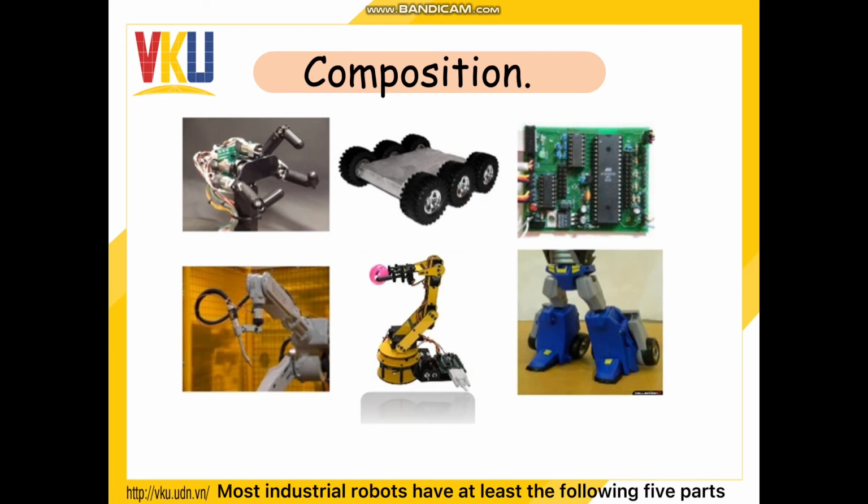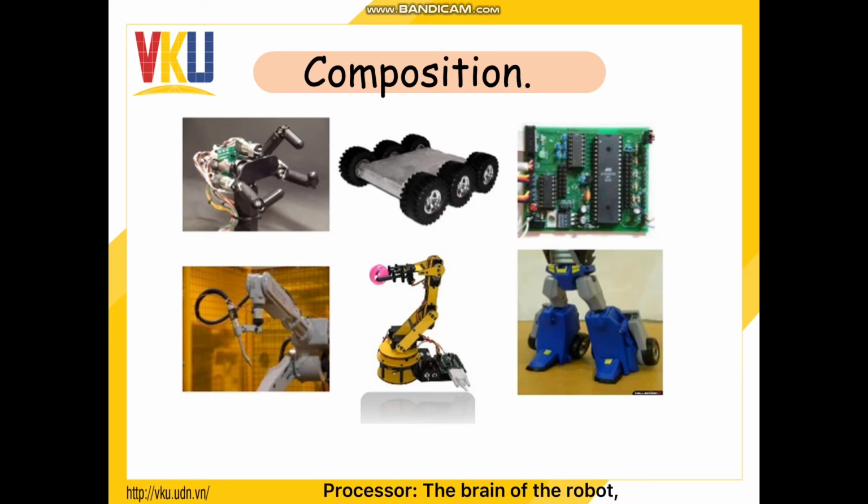Most industrial robots have at least the following 5 parts: manipulator or rover, the main body of the robot; end effector, the part that is connected to the last joint of a manipulator; actuator, the muscles of the manipulator; sensor, to collect information about the internal state of the robot or to communicate with the outside environment; controller, similar to the cerebellum, it controls and coordinates the motion of the actuators.